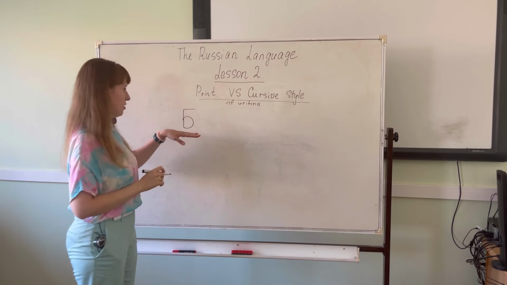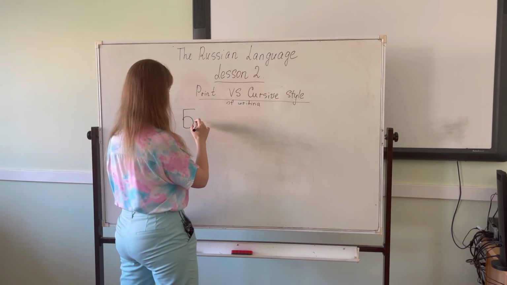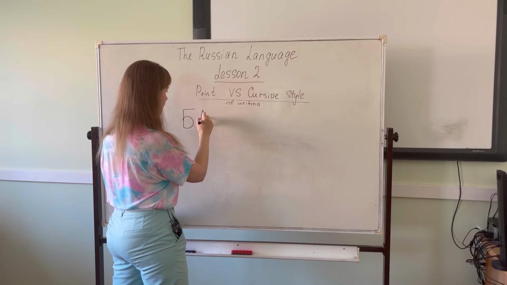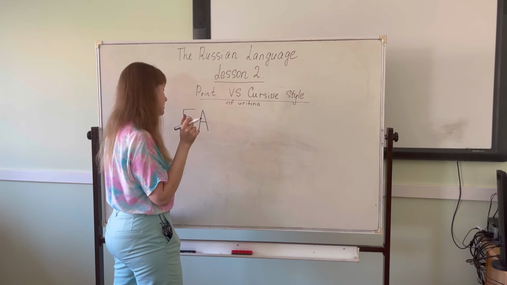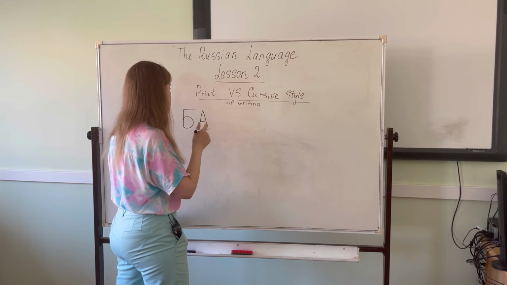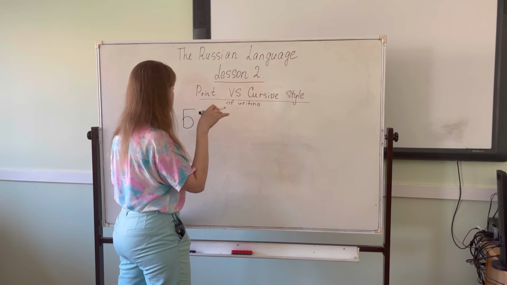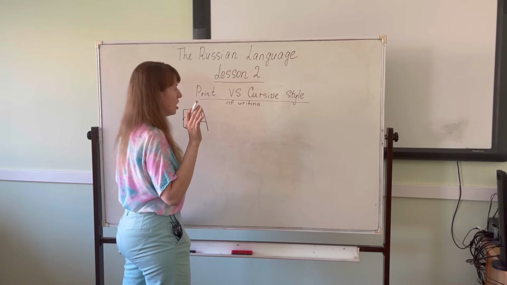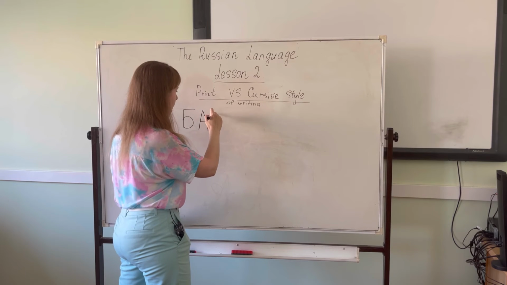I will start writing it in print style and then go to the cursive one. Ba. Just keep listening to the way I connect the letters, the sounds, the syllables. We will go deep into the syllables a bit later, but you can try to get it from the very beginning of our learning.